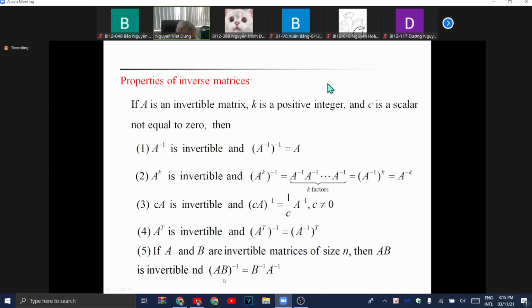You should note that the order is changed: on the left hand side A comes before B, but on the right hand side B inverse comes before A inverse. It is somewhat similar to the property for the transpose of a matrix.